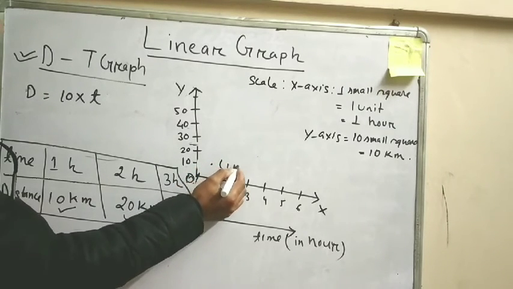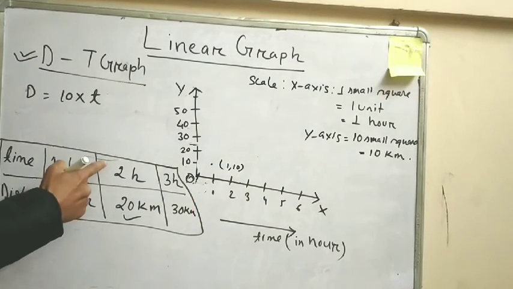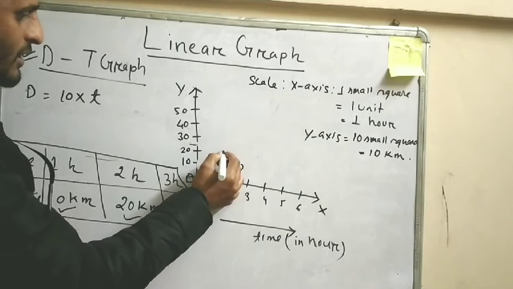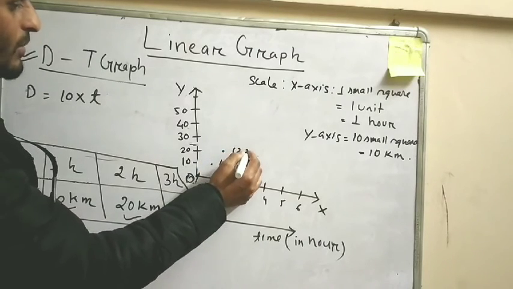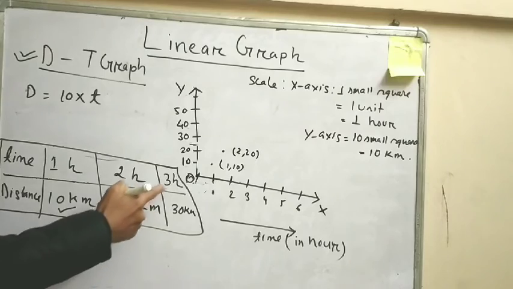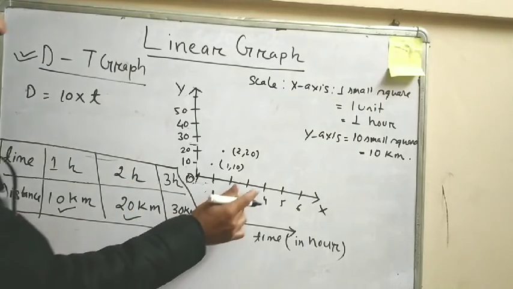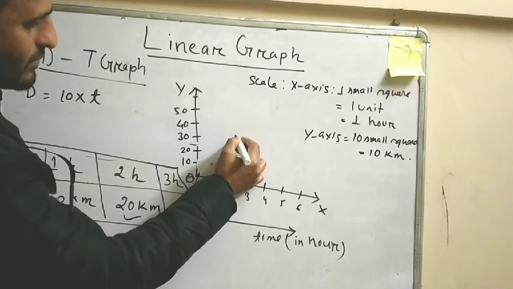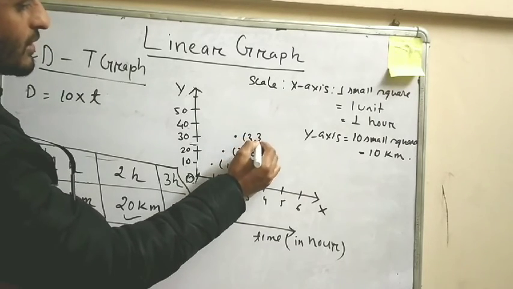This is (1, 10). Then time 2, distance 20. Here the point will be (2, 20). Now time 3 hours, distance 30. The point will come here, (3, 30).